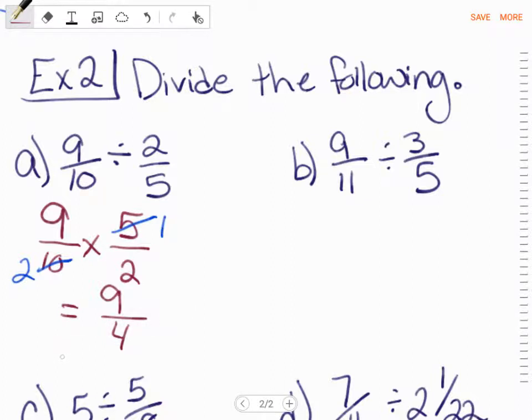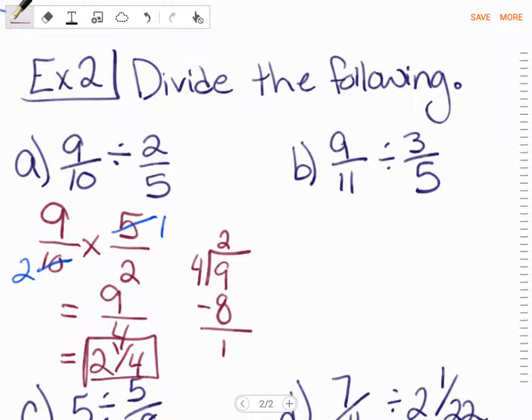So if I want to clean this up a little bit, I do want to put this in the form of a mixed number. 4 goes into 9 2 times. 2 times 4 gives me 8. There's 1 left over. So we have 2 whole, so 4 went into that 2 whole times with 1 out of 4 left over. And that would have been my answer.